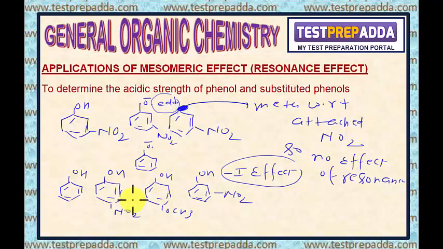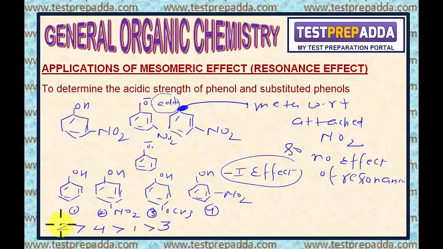And that is why if I try to write the order, and number this 1, 2, 3, 4. So the most acidic is 2, then it is 4. Although in 4 there is no resonance, there is no mesomeric effect, but because of inductive effect, it is more acidic than the normal phenol. Then 1, and the least acidic is number 3 because here OCH3 is electron releasing through resonance.